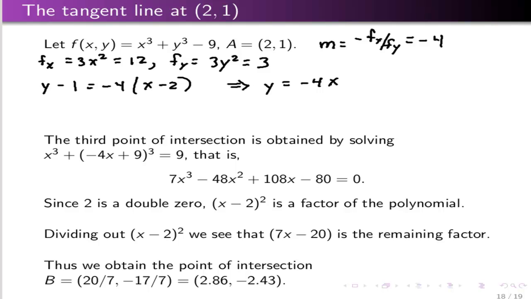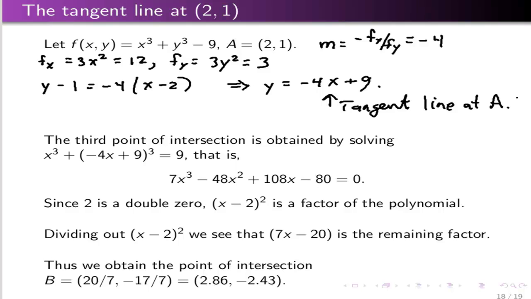So we get y is negative 4x plus 8 plus 1, which is negative 4x plus 9. Okay, so that's the tangent line to the curve at the given point A.